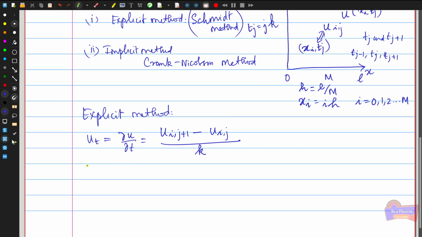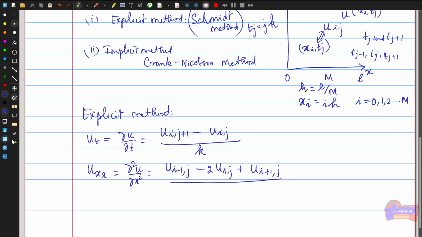Similarly, for the second order derivative u of xx, we can use the central difference approximation, which means dou squared u by dou x squared equals u of i minus 1 comma j minus 2 times u of i comma j plus u of i plus 1 comma j, the whole divided by delta x squared.